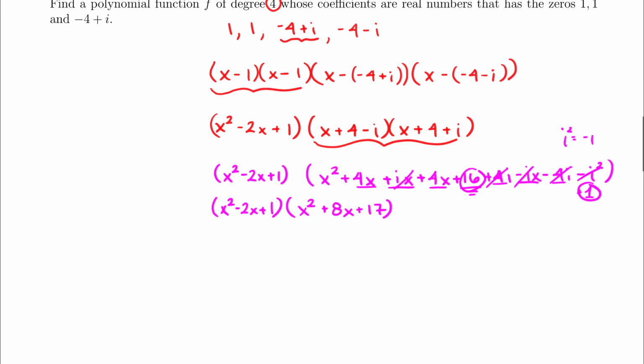And then now I can multiply these two trinomials together to generate a polynomial of degree 4 that has the given zeros. So I'll multiply through by the x squared first.